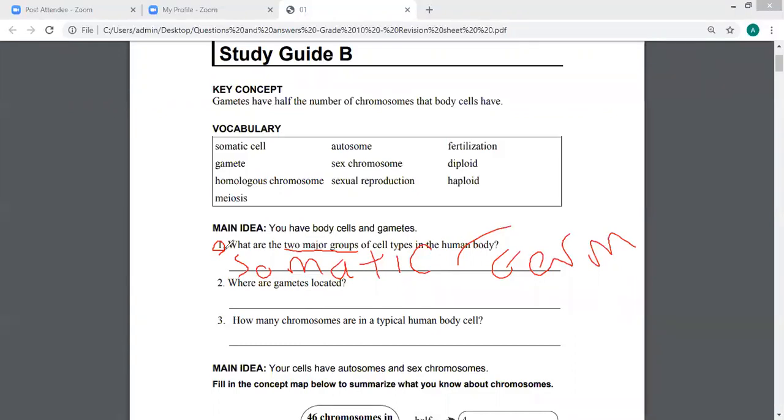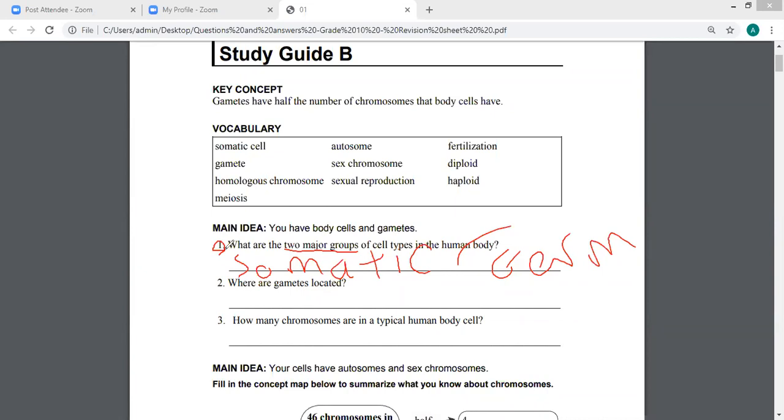In the reproductive system. Reproductive system or reproductive organs? Organs. Okay. So you can find the gametes in reproductive organs. What are the reproductive organs in the human body?